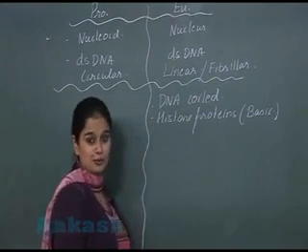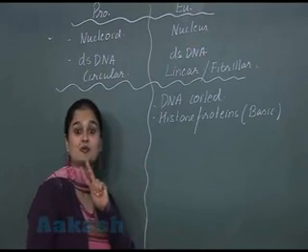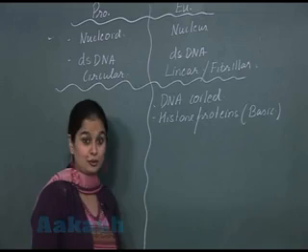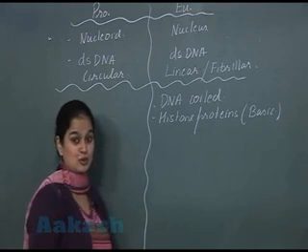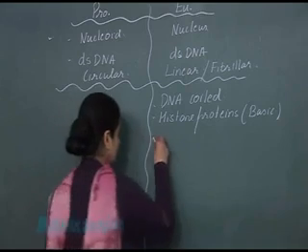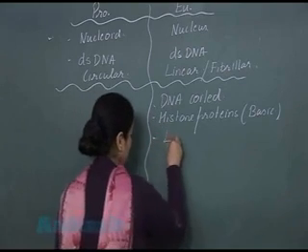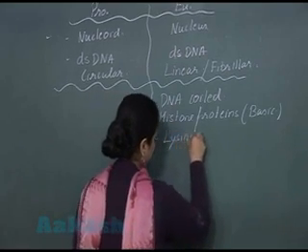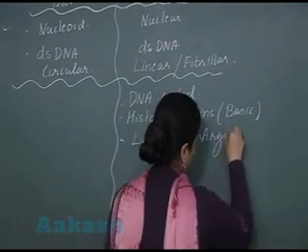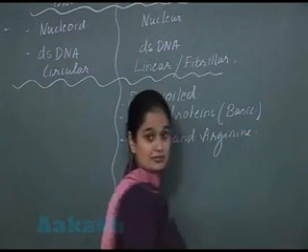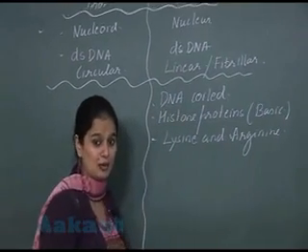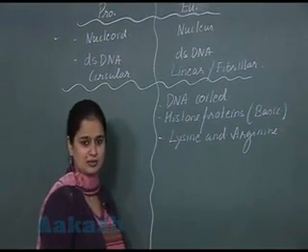In the histone protein there is presence of 2 amino acids in rich amount. 2 amino acid इस histone protein के अंदर richly present है. These are lysine and arginine. These 2 amino acids are present in good amount in the histone proteins.